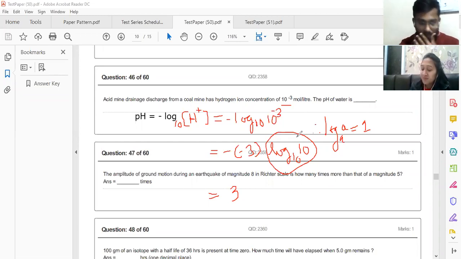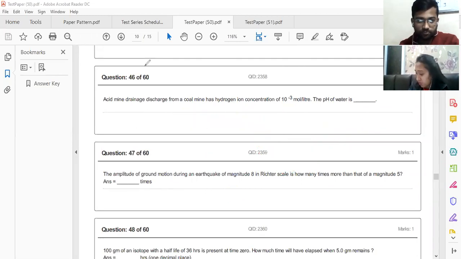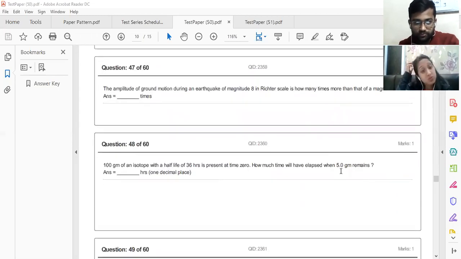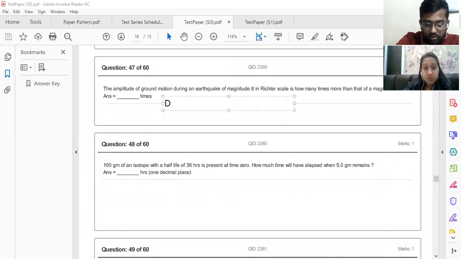The amplitude of the ground motion during an earthquake of magnitude 8 in Richter scale is how many times more than that of the magnitude of 5. Okay, you need to compare between magnitude 8 and 5.